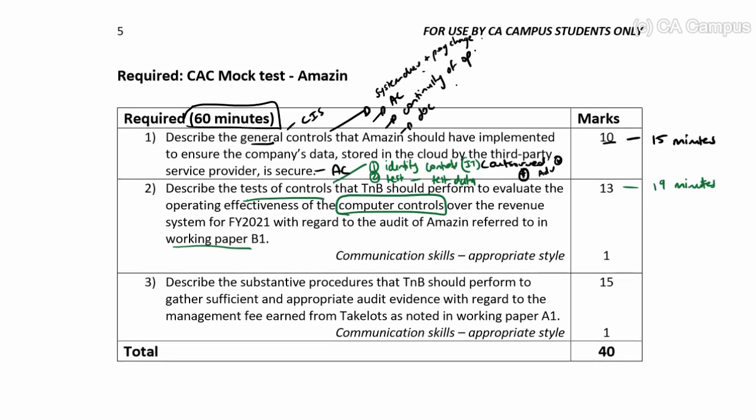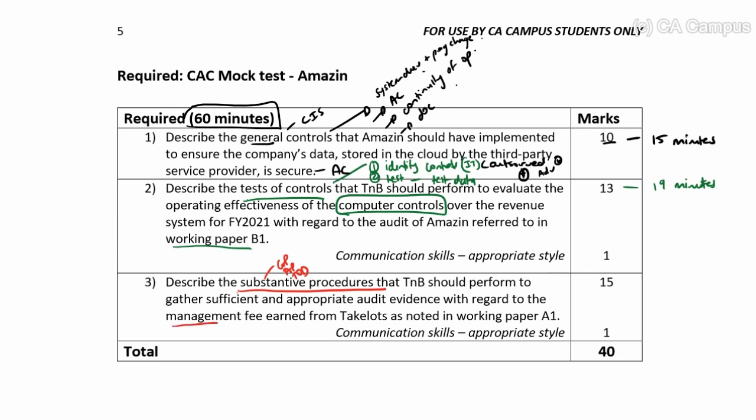Question 3, describe the substantive procedures. So as soon as I see substantive, I'm thinking general procedures, analytical procedures, test of detail. That TNB should perform to gather sufficient and appropriate audit evidence with regard to the management fee earned from take lots as noted in working paper A1.